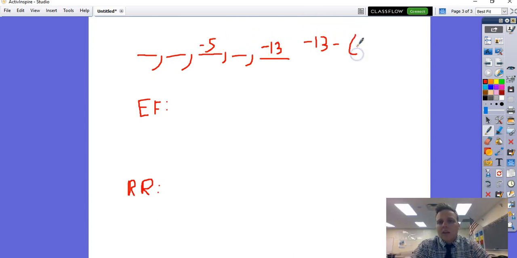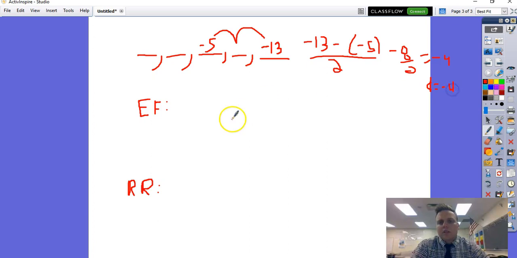So in this case, I know that's a negative 5, divided by how many spaces are there between negative 5 and negative 13? 1, 2. Alright, there's those 2 spaces total, divided by 2. So negative 13 minus negative 5 is negative 8. Negative 8 divided by 2 is negative 4. So the common difference is negative 4.